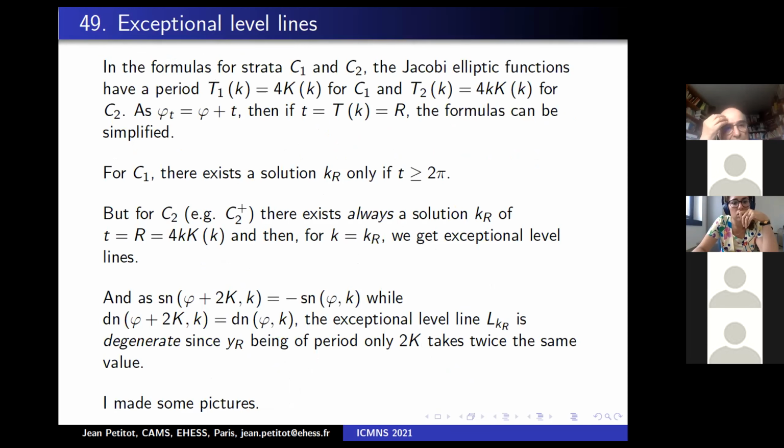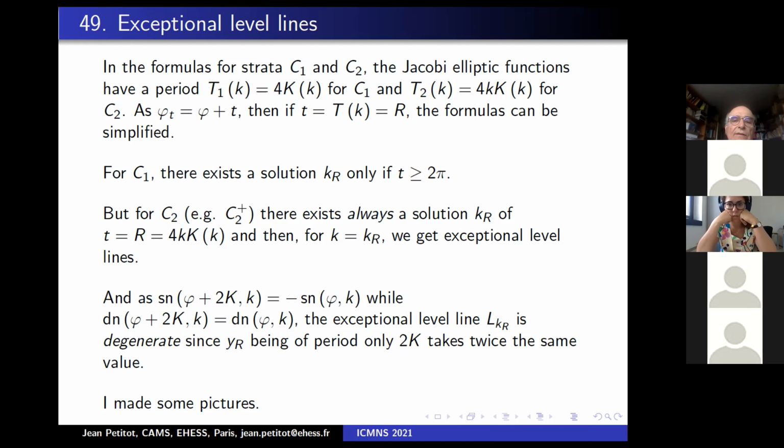Now, in the formula for the strata C1 and C2, the Jacobi elliptic functions have period T1 equal 4K of small k, where k is the modulus, and cap K is the complete elliptic integral of the first kind.